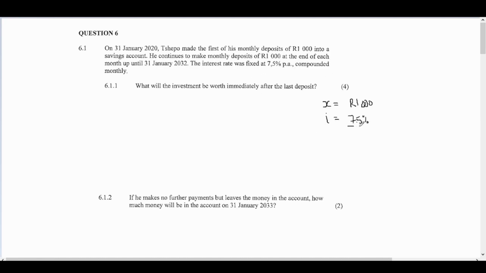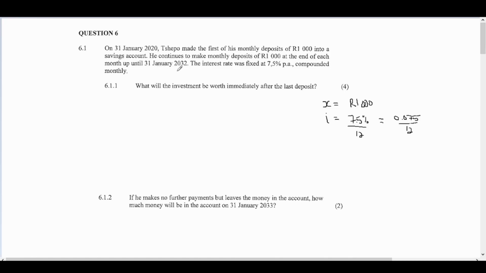So we're going to be dividing by 12. This we can simplify a bit, so it will become 0.075 all over 12.